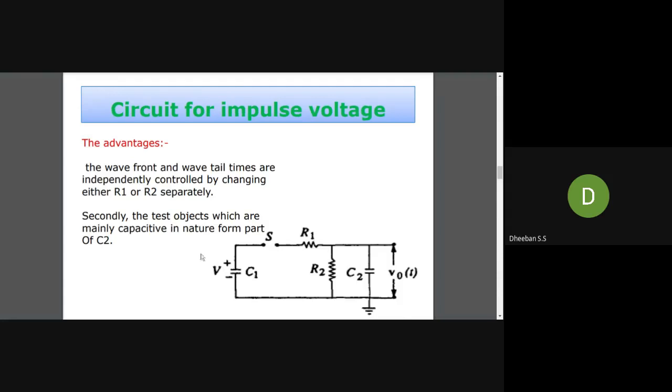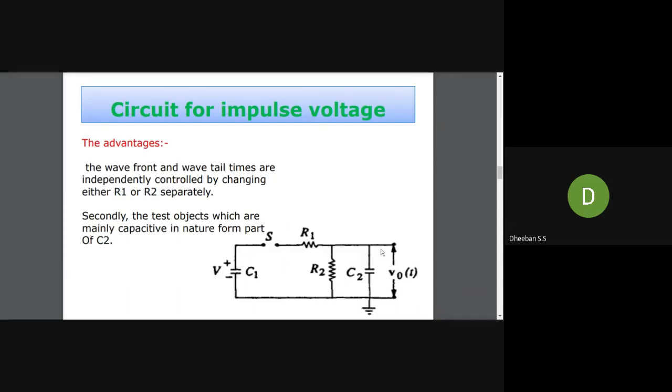If you are powering this capacitor in parallel through an input supply, this C1 will have the voltage V. After this, it is given to a spark gap. This spark gap is the one which is responsible for the generation of your impulse voltage. The generation of the impulse voltage will start through your spark gap.